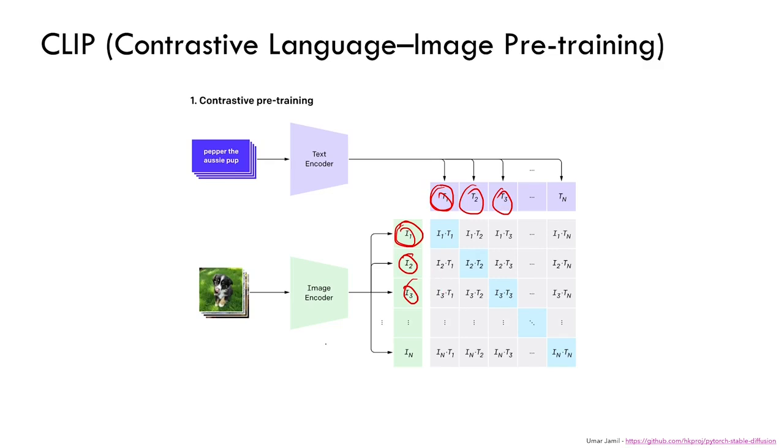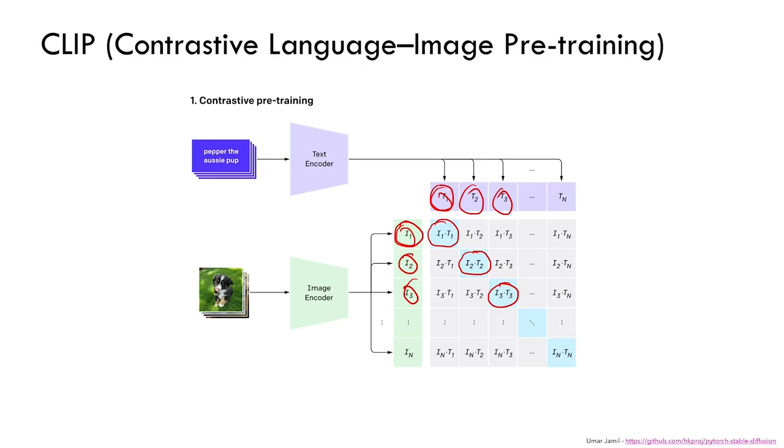How did they train it? Basically, we know that the correspondence between image and the text is on the diagonal, because the image 1 is associated with the text 1, image 2 is associated with the text 2, image 3 is associated with the text 3. So they built a loss function such that they want this diagonal to have the maximum value and all the other numbers here to be 0, because they are not matching, they are not the corresponding description of these images.